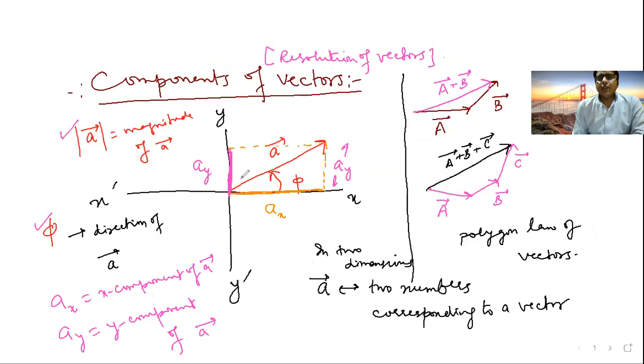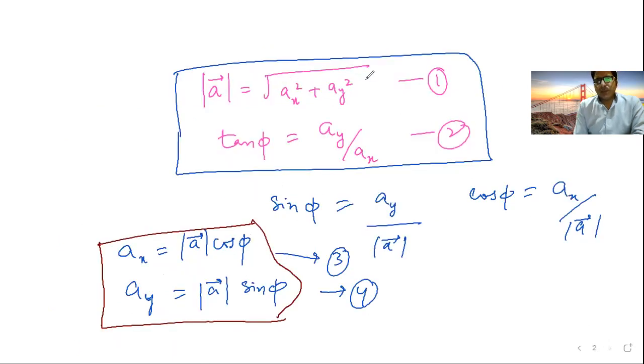Now, this vector here lies in first quadrant. Now you need to remember, if there are three components of a vector, then there will be one more term here, plus az square in the magnitude, and you have to find another angle theta that will have another relationship, right? We are talking of two dimensions.